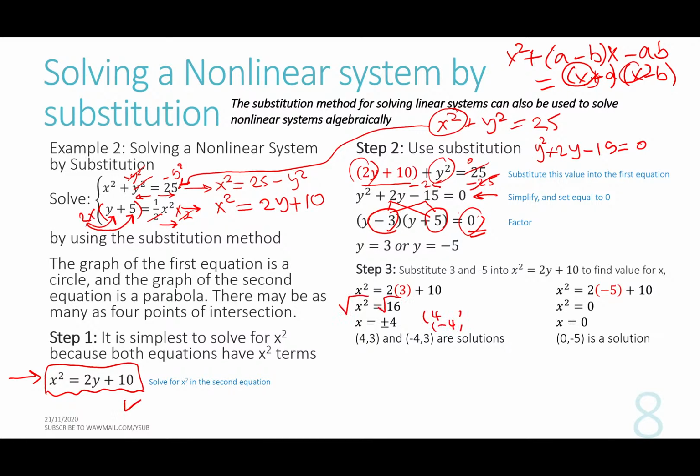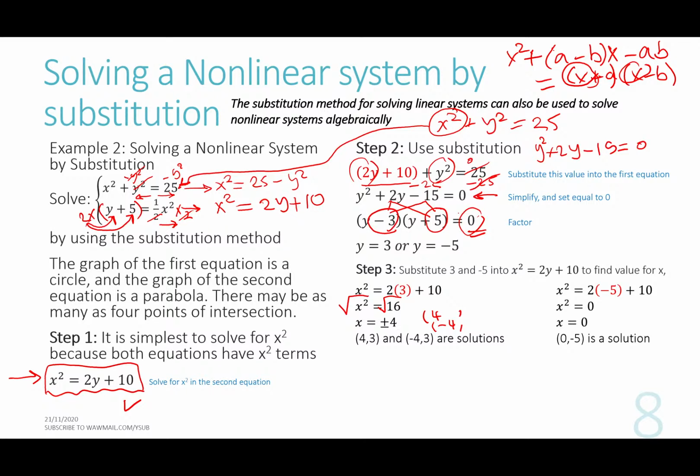What is the value of y in the second side, in both sides? It will be, as I said just now, 3 and minus 5, because when we used y as minus 5, the result of x was minus 4 and 3, because the value of x is plus and minus 4 for the value of y equal 3, while when we used y as minus 5, the result of x is 0.